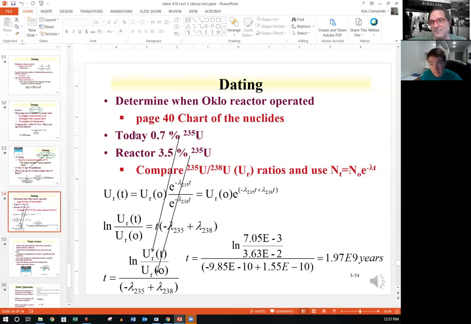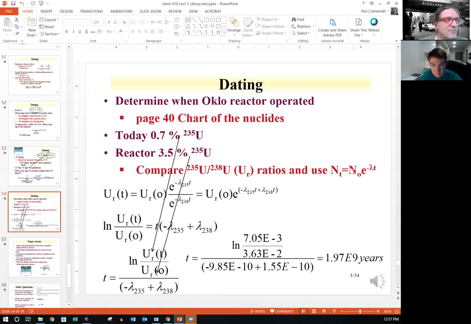So if you roll the clock back, I want to say, okay, if I know that this is today, how long ago was it? So what's the time difference so that it was 3.5%? Basically I'm just expanding this equation where I know what it is today. Today it's 0.7%.